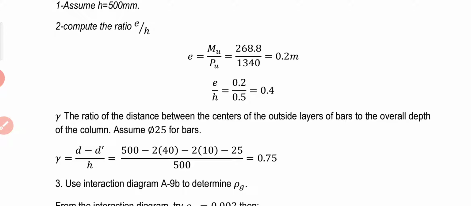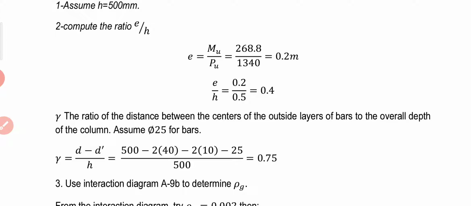Gamma, the ratio of the distance between the center of the outside layer of bars to the overall depth of the column. Assume 25 mm for bars. This is the dia of bars. So we can calculate gamma, which is d minus d dash upon h. d is the effective depth and d dash equal to cover.